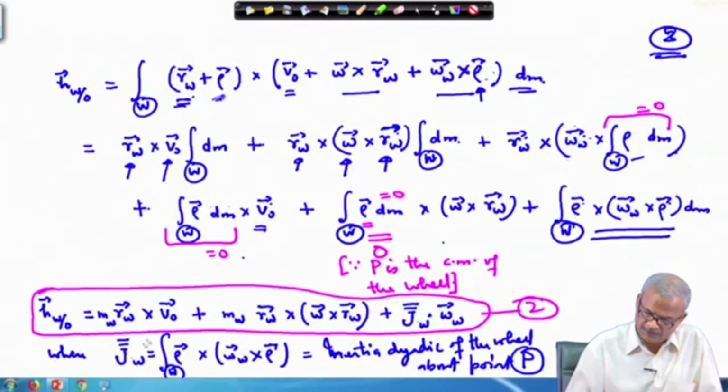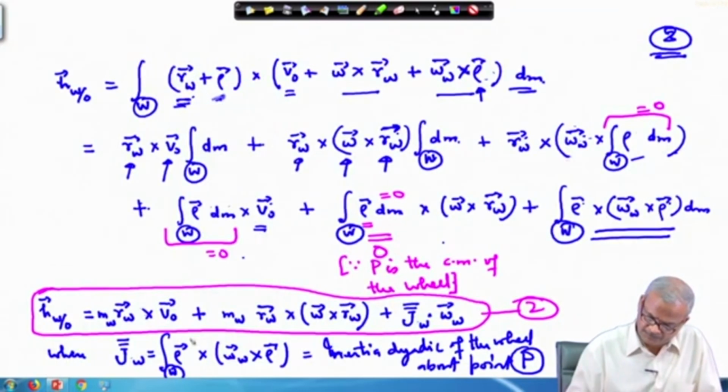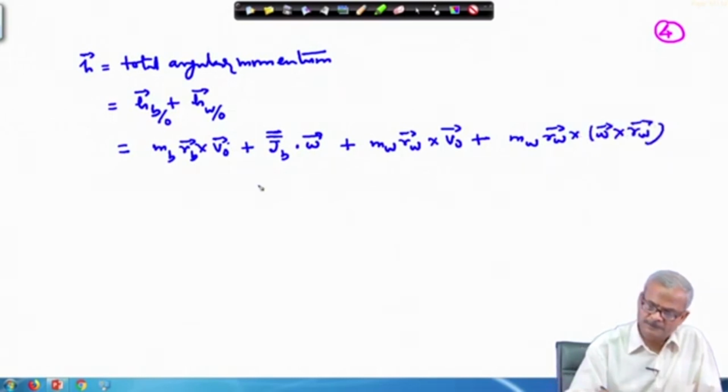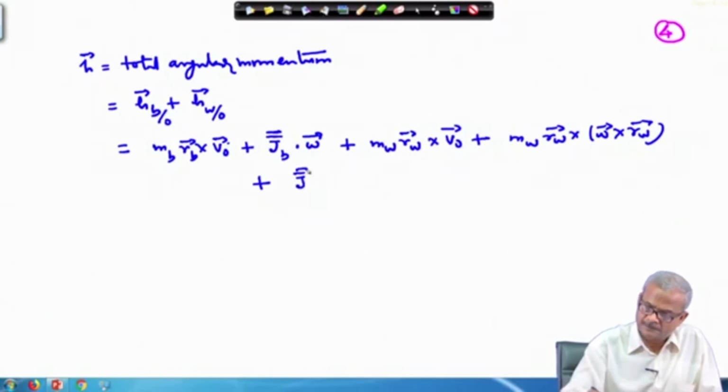So, we have to copy all these things: M_W R_W cross V_0 plus M_W R_W cross omega cross R_W, and plus the third term here J double bar_W times omega_W.